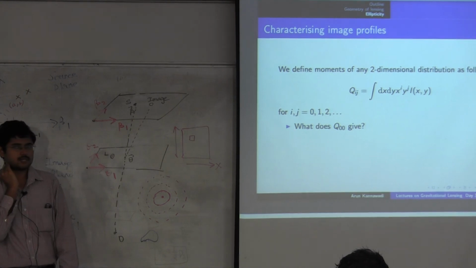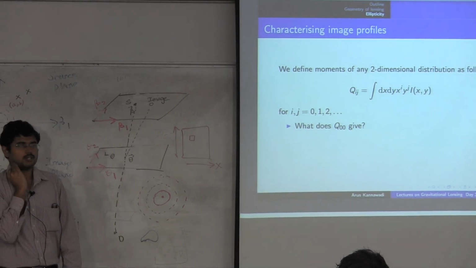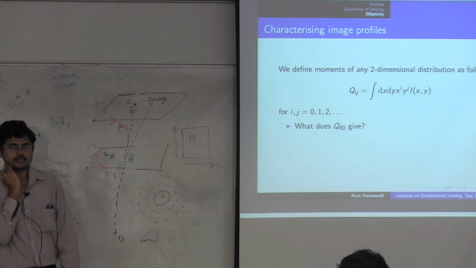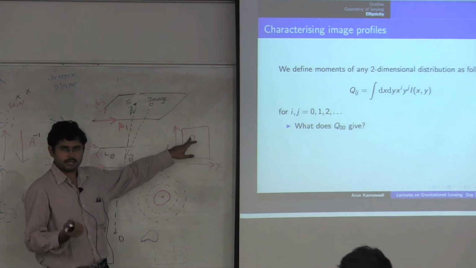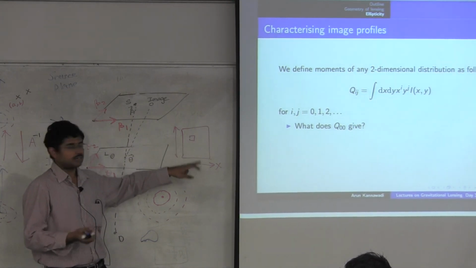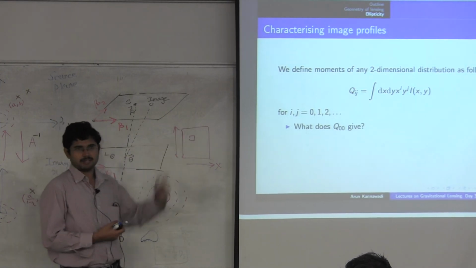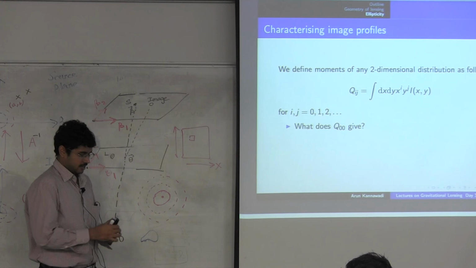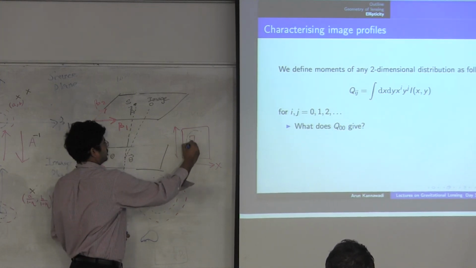So what is Q00 then? Yeah, it's the total flux of the object. So this would just give you the flux of a small part, this guy. And if an image typically occupies several pixels, not just one pixel, otherwise it's very poorly resolved. So an image can look something like this.